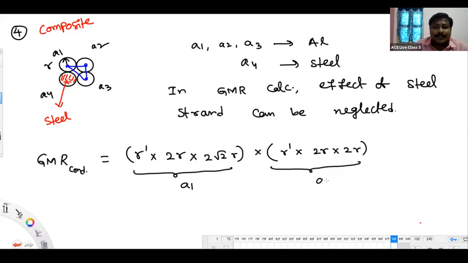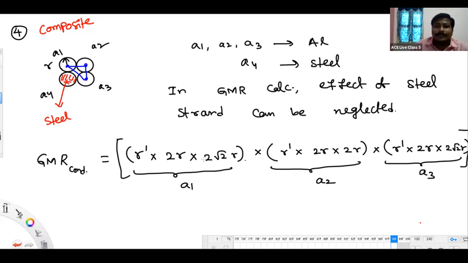Next, for A3: r dash, A3 to A2, 2r, A3 to A1, 2 root 2 r. In total, how many terms do you have? 9. So you should take the whole power 1 by 9, as I have discussed already. That will be the GMR of the conductor.